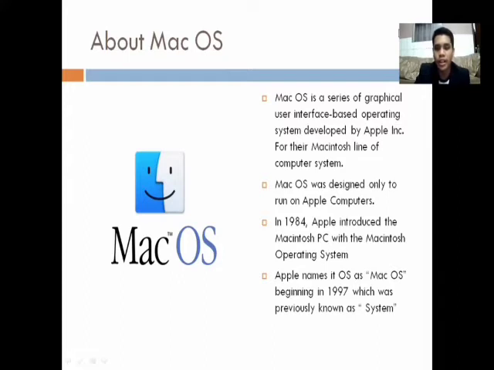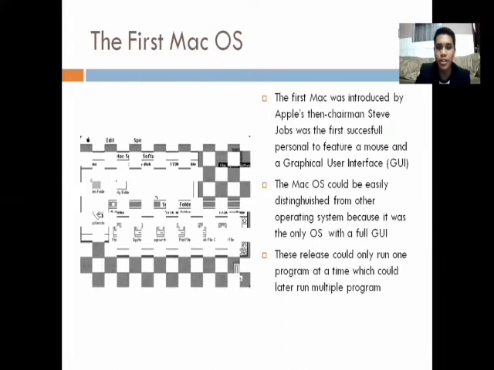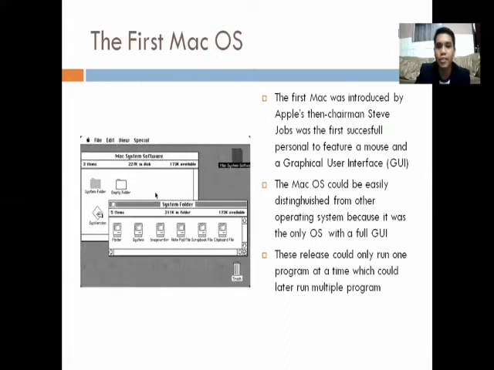In 1984, Apple introduced the Macintosh PC with the Macintosh operating system. This first OS was introduced by Apple when Steve Jobs was there, the first successful personal computer with a graphical user interface.